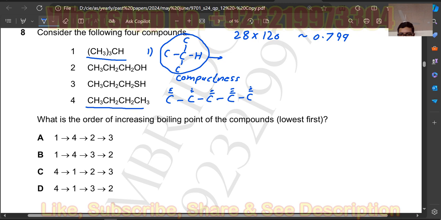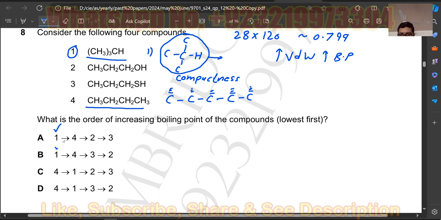So we know the greater the van der Waals force is, the greater the boiling point. So compound number 4 will have more van der Waals force and a higher boiling point as compared to compound number 1. Considering that, you can see that compound 1 will have the least boiling point.